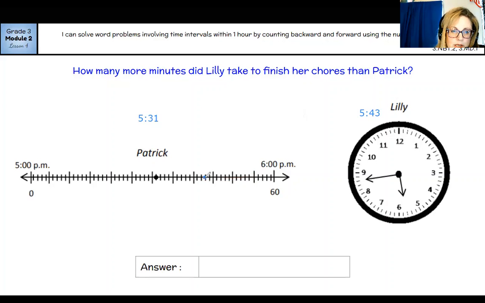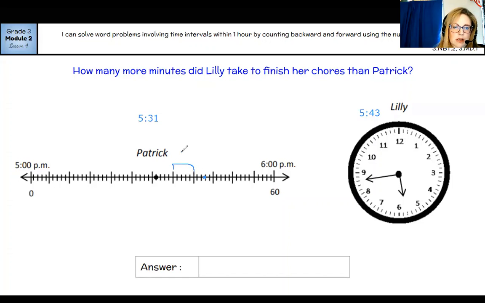When we were doing this in our live lessons, we were talking about how we could find elapsed time by counting from spot to spot, and that's what we're going to do right now. For something like this, we have a lot of options. We could count by ones because they are so close, couldn't we? But I could also think about my intervals, or my spaces in between. We know that from here to here is 5 minutes.